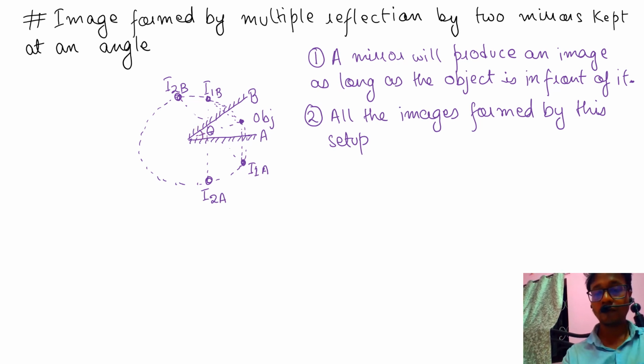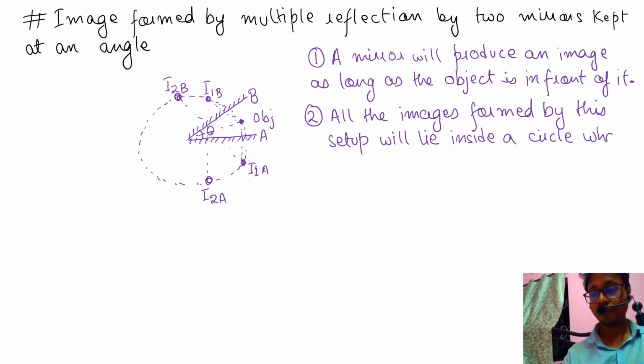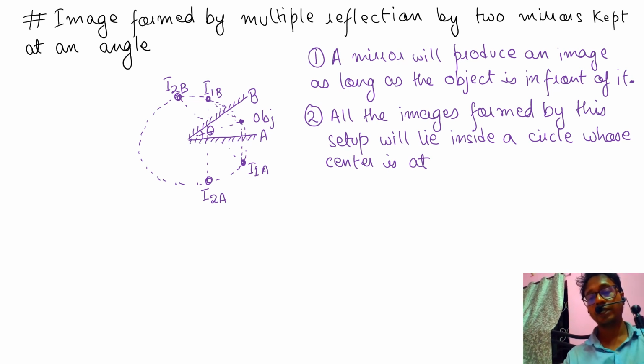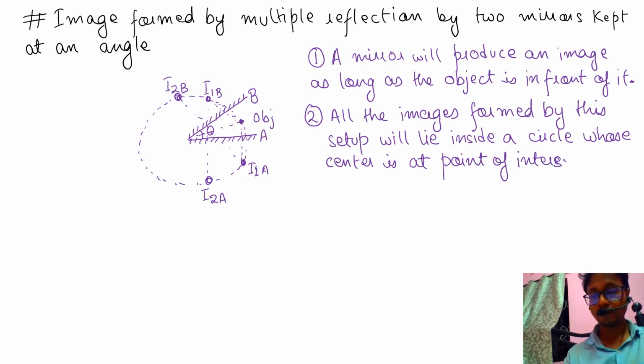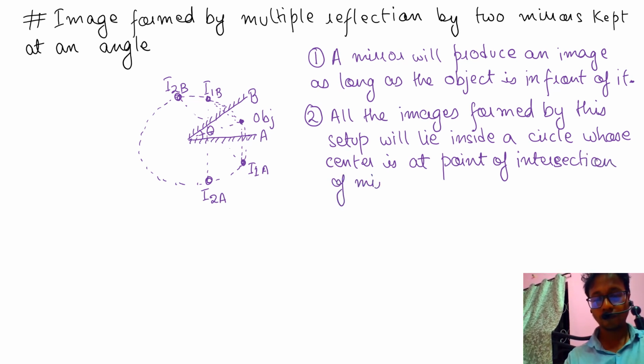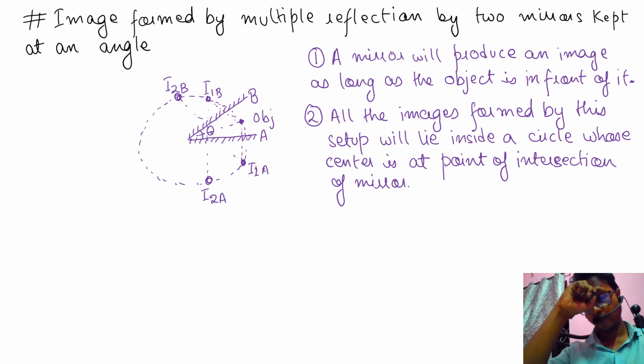All the images formed by this setup will lie inside a circle whose center is at the point of intersection of the mirrors. Okay, understood this much?